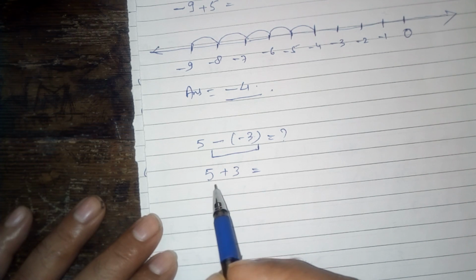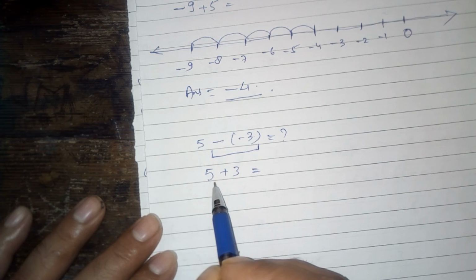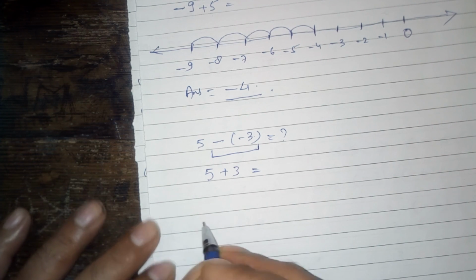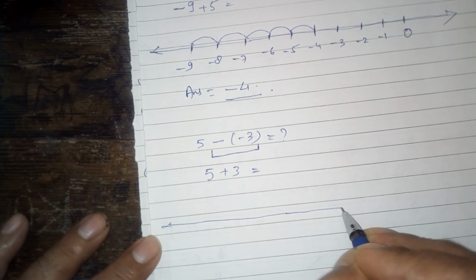As you are looking, these two integers are positive, so we will shift to the right side of 0. Look here. First we make a number line for this question.